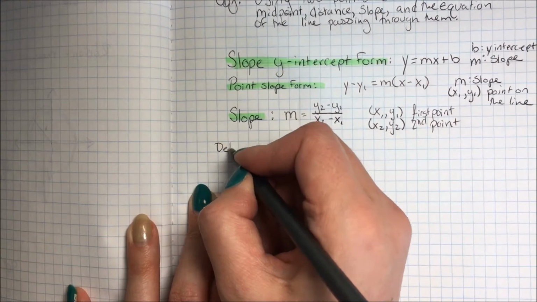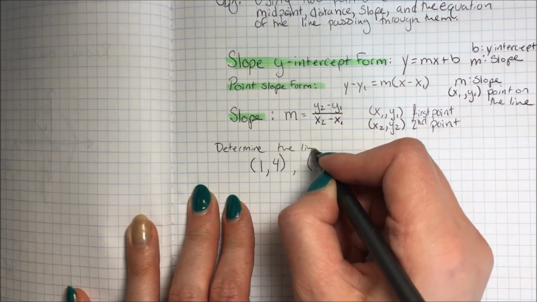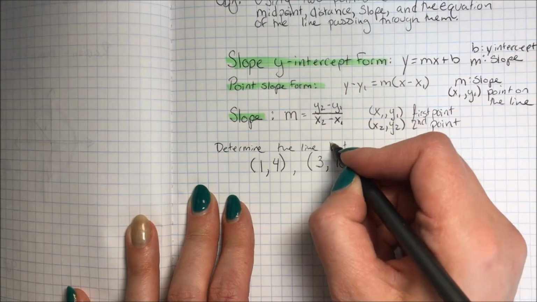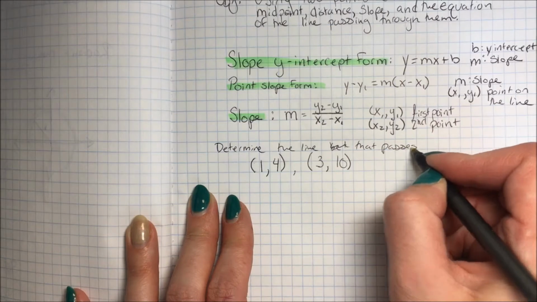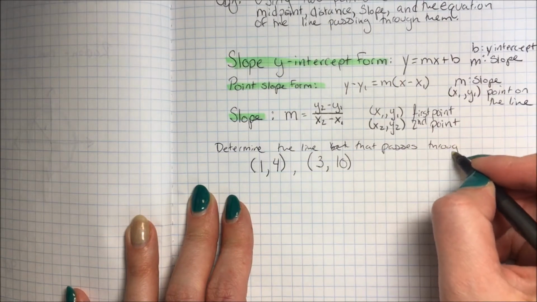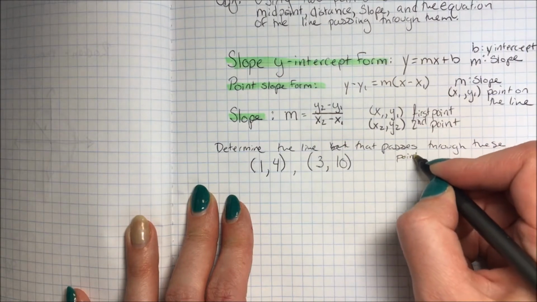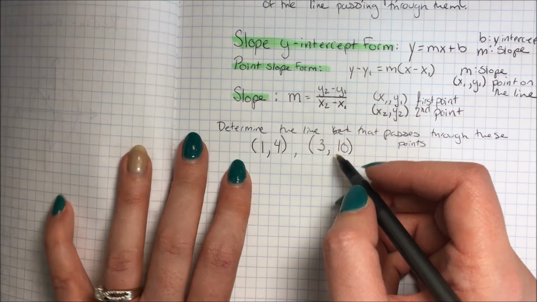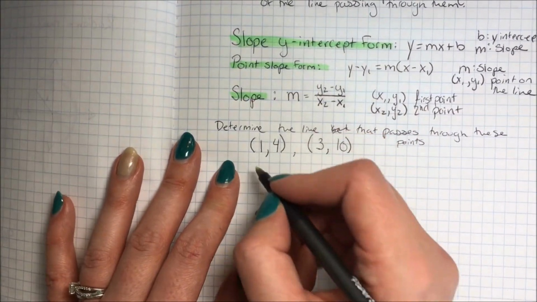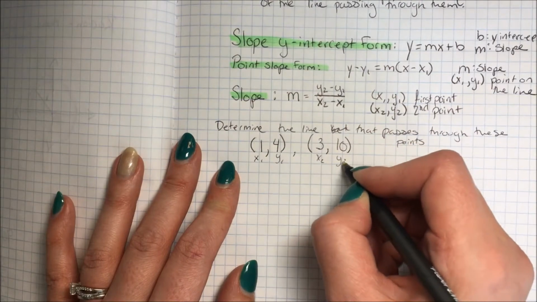So you want to determine the line between, or that passes through these points. Okay, so I want to determine the line that passes through these points. The first thing I'm going to have to do is figure out the slope. So this is my x1, y1. This is my x2, y2.